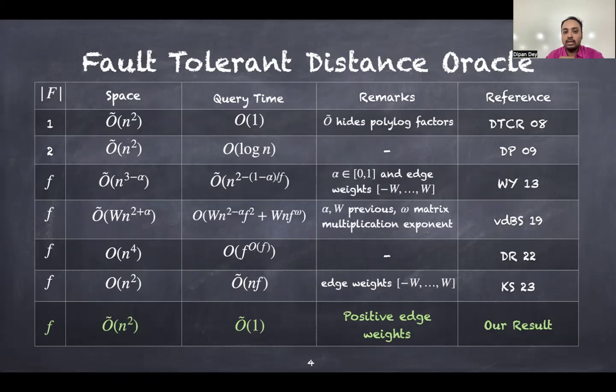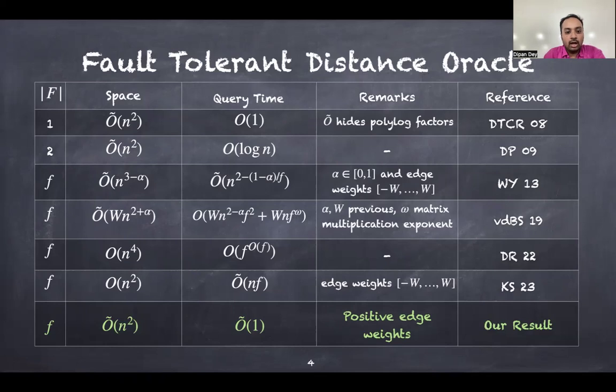Here in our result we take space big O tilde of n square, where tilde hides some polylog factor, so there is a polylog factor after n square. For a fixed f, the query time we require is a polylog factor more than the query time taken by the DR22 paper, but the space requirement is significantly lower than theirs.